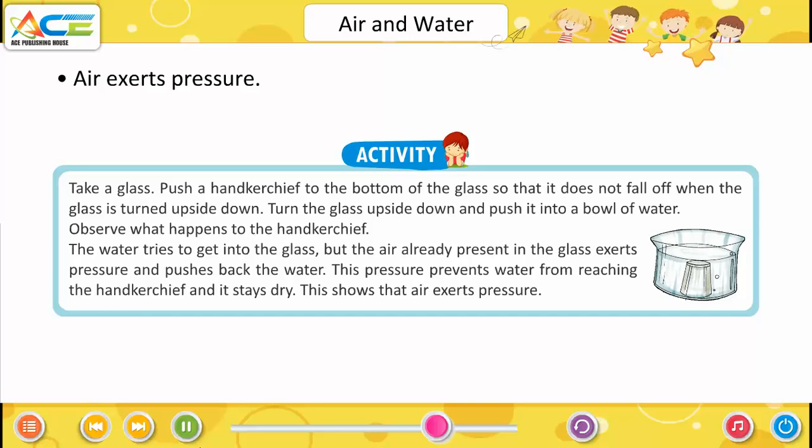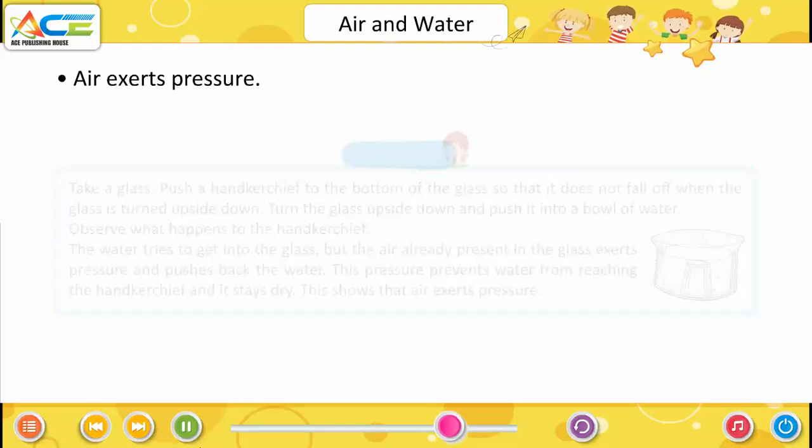The water tries to get into the glass, but the air already present in the glass exerts pressure and pushes back the water. This pressure prevents water from reaching the handkerchief and it stays dry. This shows that air exerts pressure.